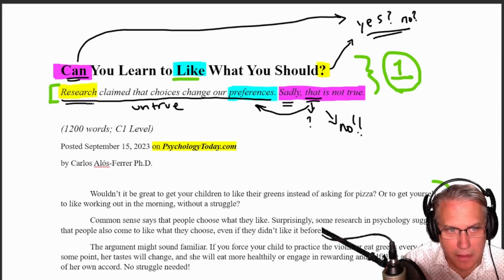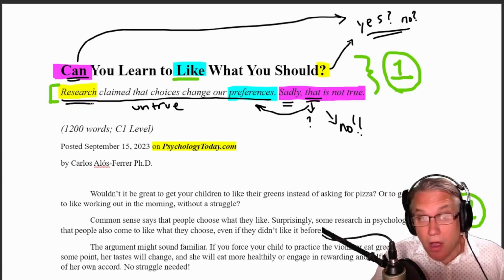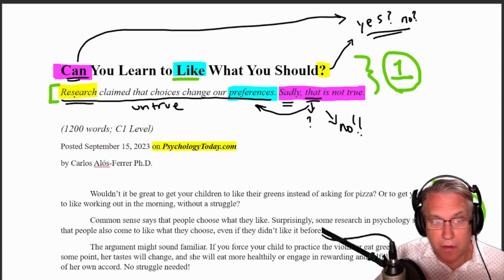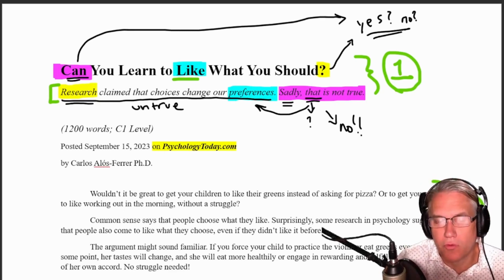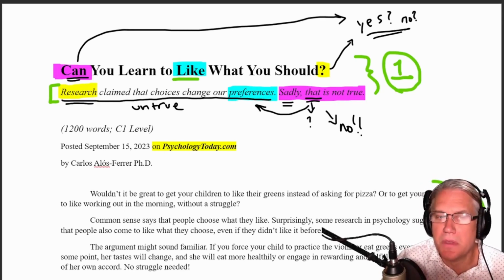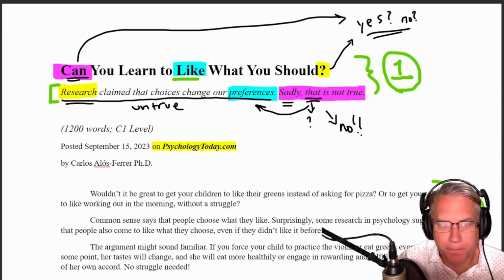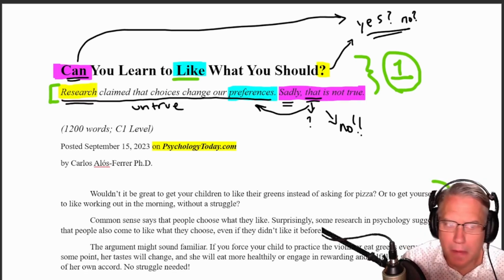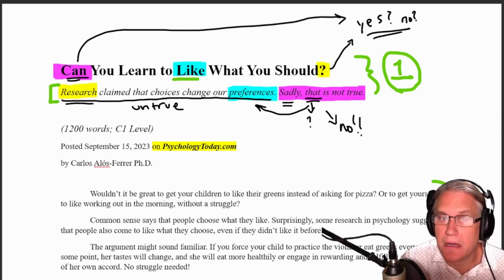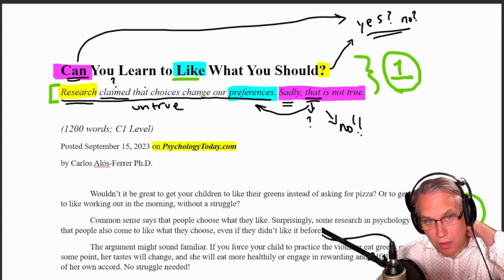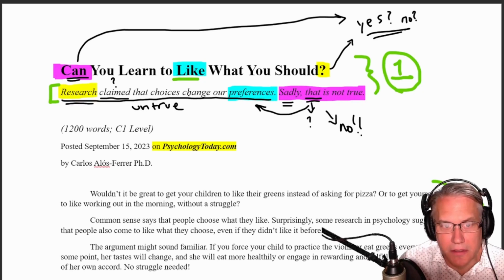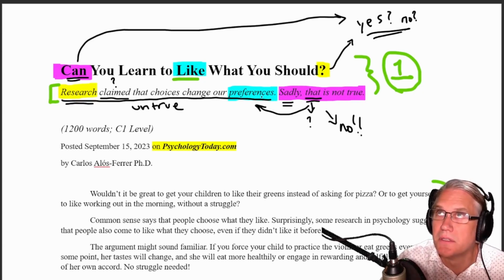Research. So this would be, I don't know, scholars, scientists, professors. I don't know exactly who the researchers are, but we have this general non-count noun, research, and we're just talking about maybe published studies that have claimed in the past, we don't know when, they've made these claims that choices change our preferences.